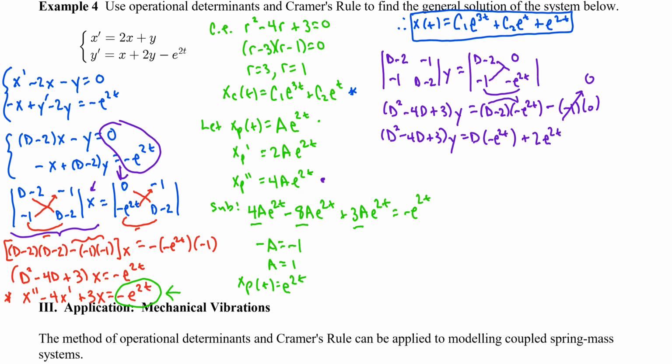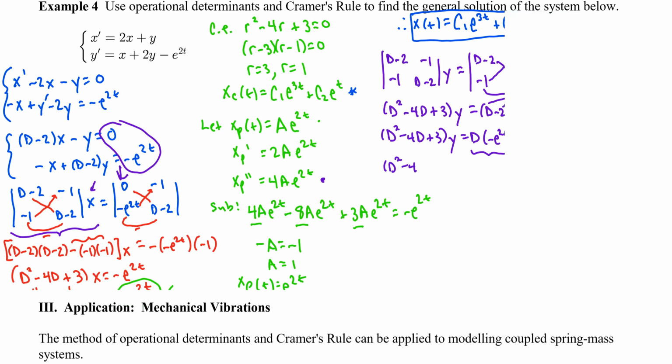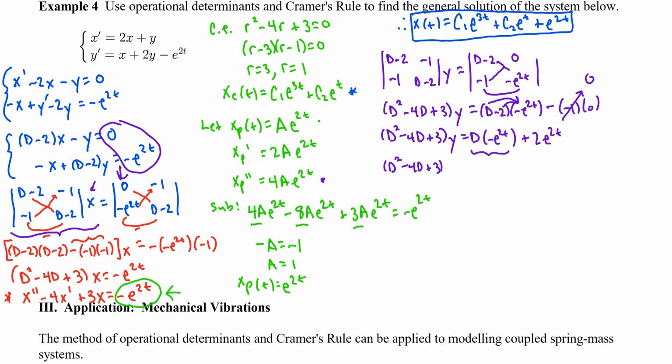So I'm just distributing here. We have to understand that that represents the first derivative of negative e to the 2t. Calculating that derivative, we get negative 2e to the 2t plus 2e to the 2t.